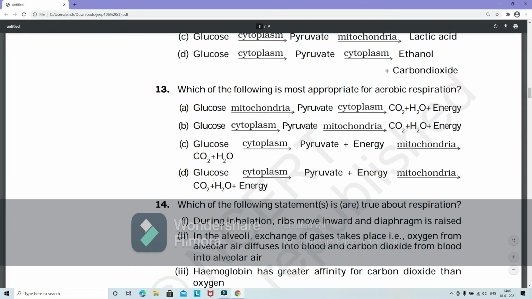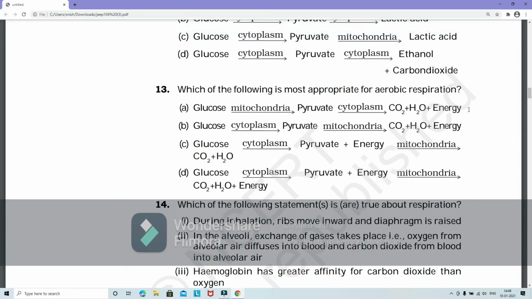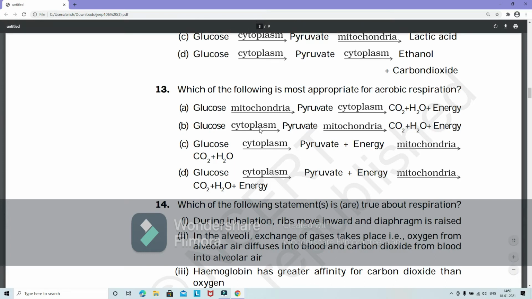Simple, very easy. Okay, so it's option D. Next, which of the following is most appropriate for aerobic respiration? What is aerobic respiration? It is respiration in the presence of oxygen. The first step is in the cytoplasm, so it should be B, C or D. Next, it's in the mitochondria, so again B, C and D will follow.